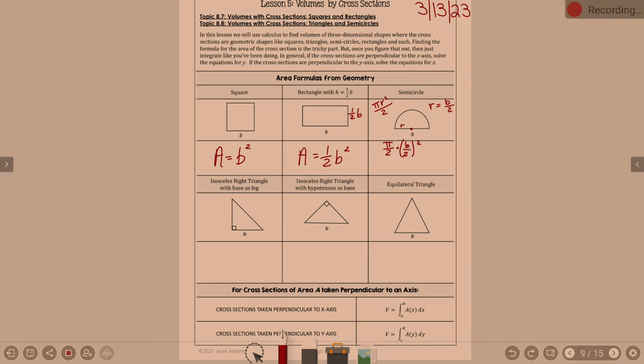Maybe. The pi over 2 being this pi over 2 right here. And then it's times the r squared. Well, if r is 1/2 the base, it's going to be 1/2 the base times 1/2 the base. What does that look like if we put that all together?